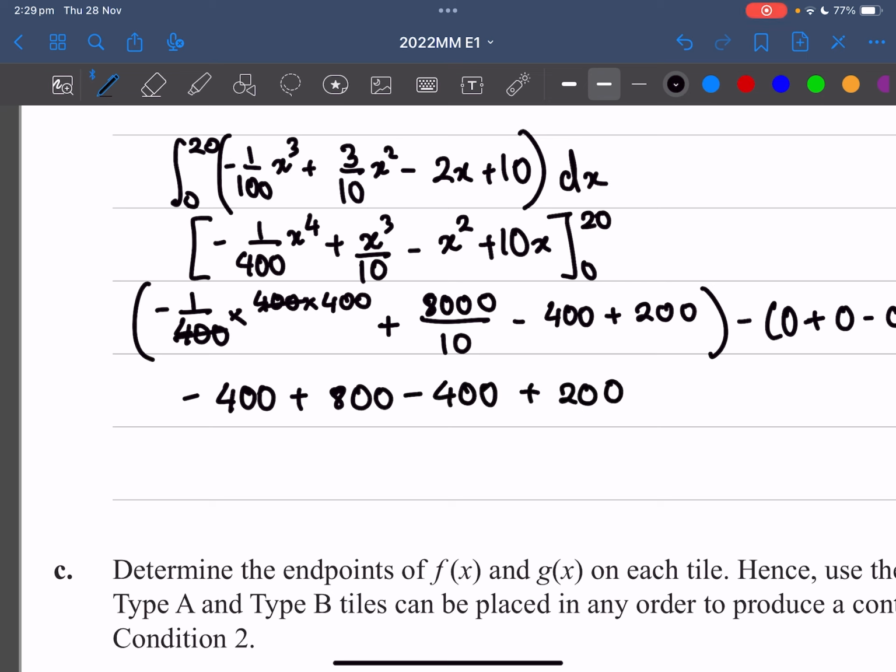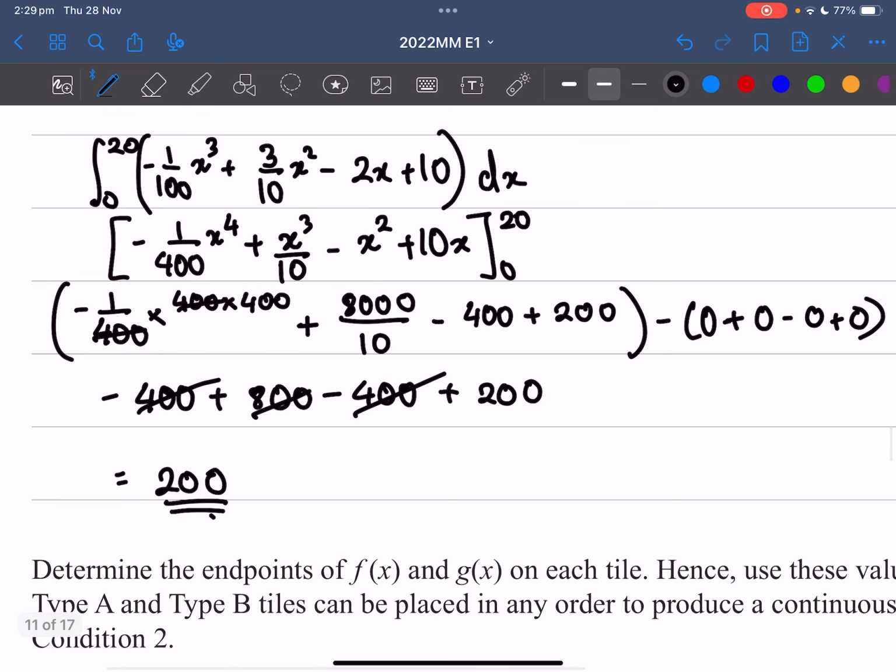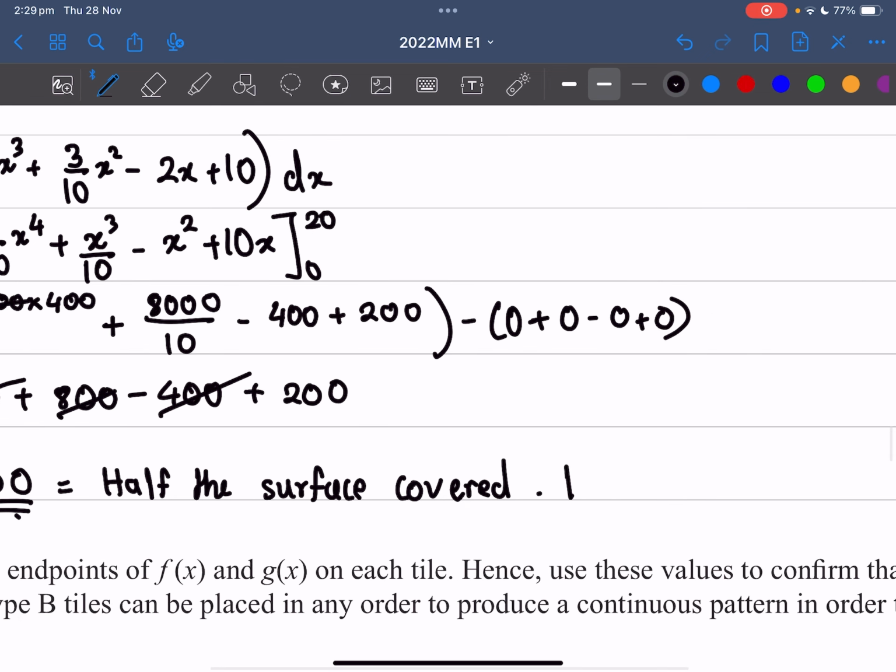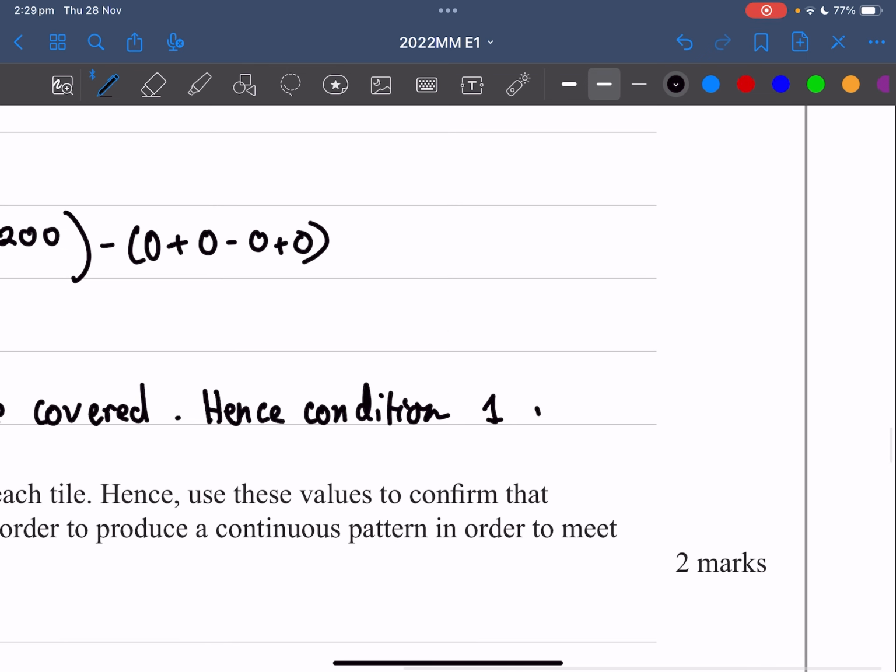So that will mean that minus 400 and minus 400 will cancel out with positive 800, leaving us with 200, which is equal to half the surface covered. Hence, condition 1 is met. Okay?